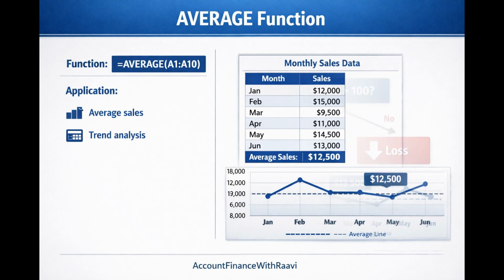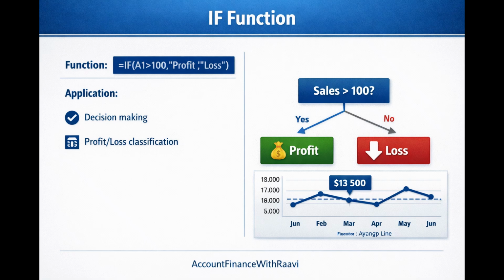The next function is the IF function. This is one of the mainly used Excel functions for finance professionals. This IF function is used for making decisions, or in order to know profit or loss. Viewers, you can also see the syntax of this IF function on this slide.